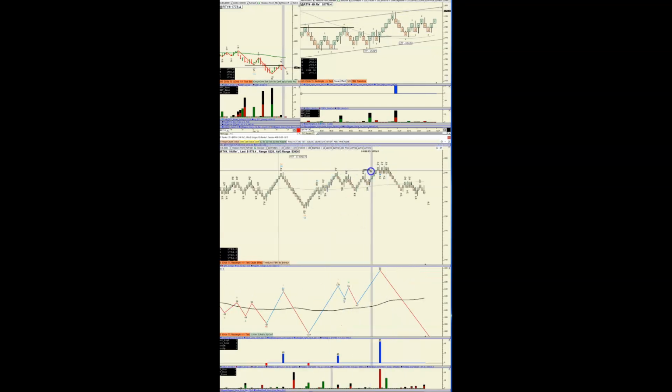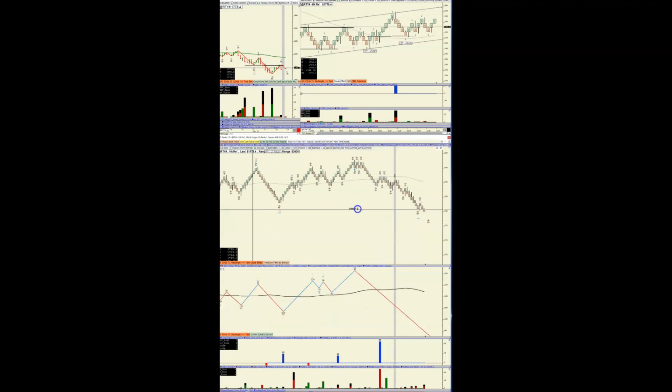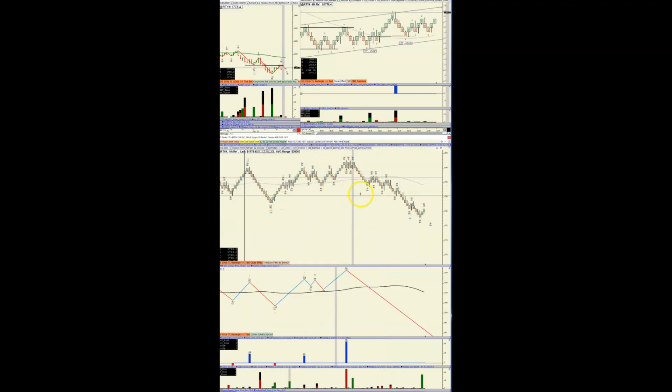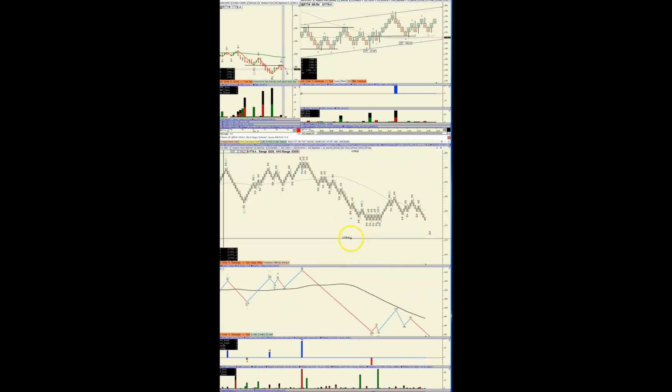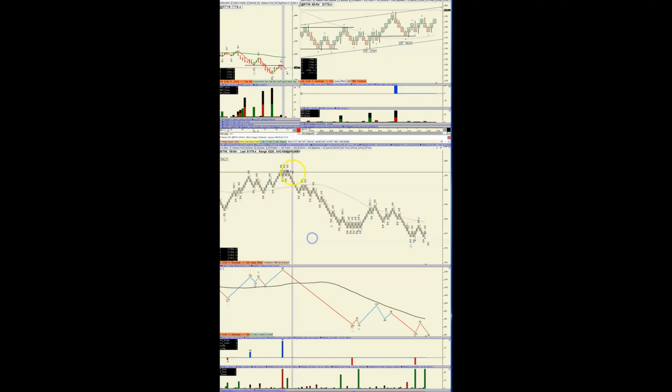So they just take it to resistance, and that's where the turning point finishes, because you have a springboard right here. This is an upthrust, but it's also a springboard. So this is a difficult trade.